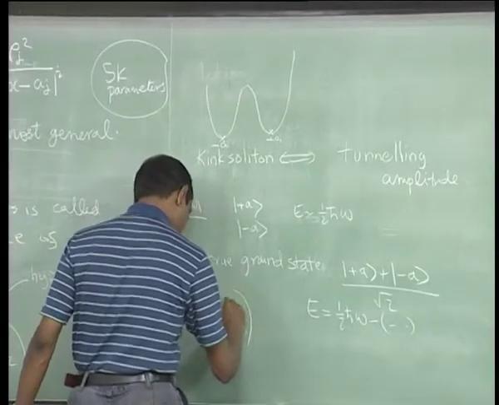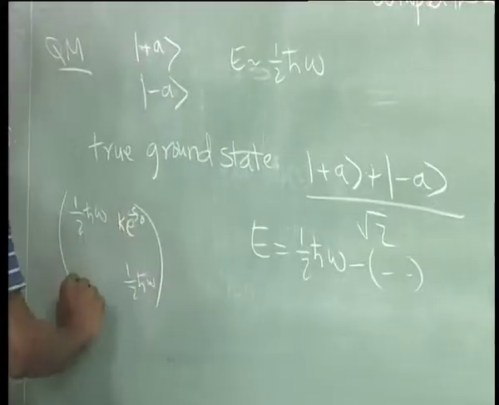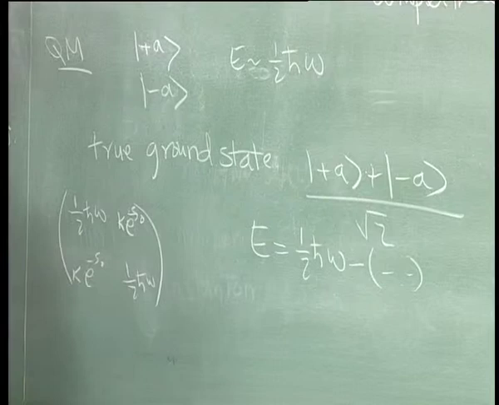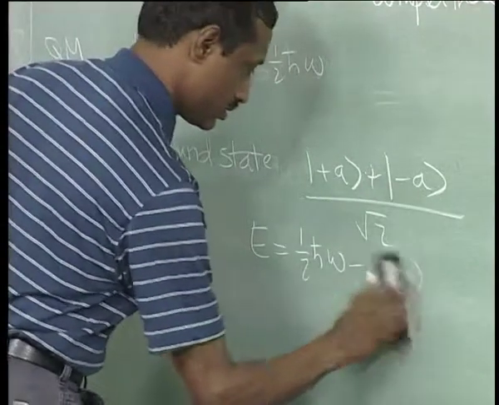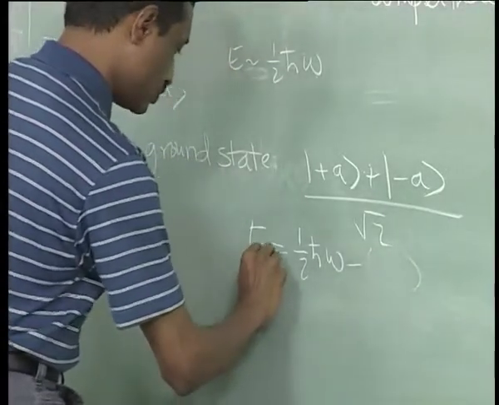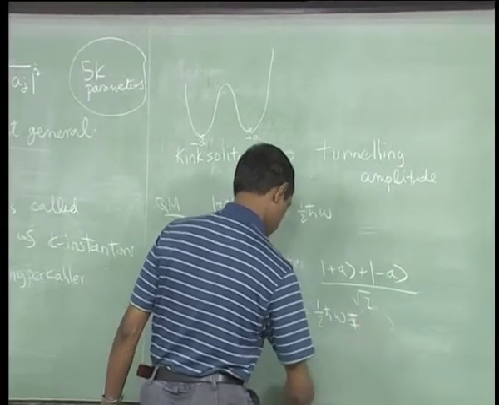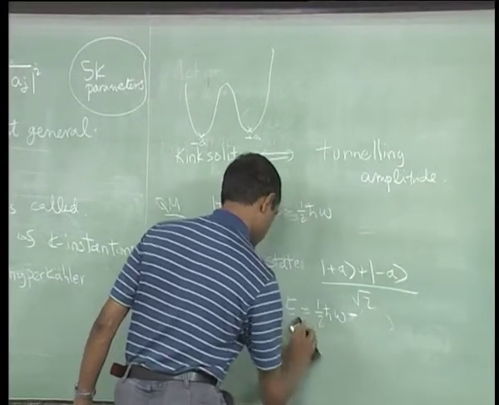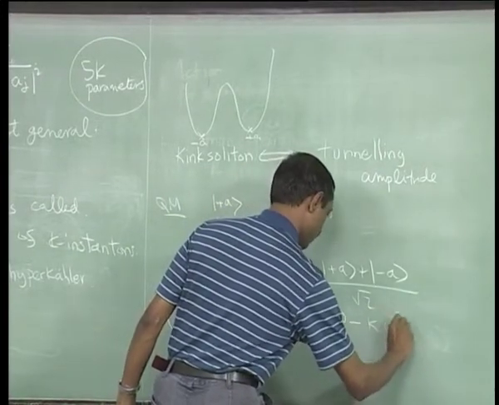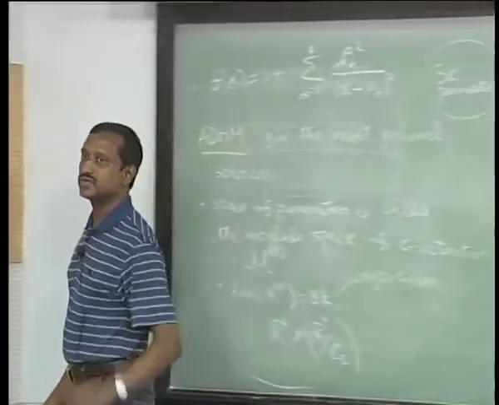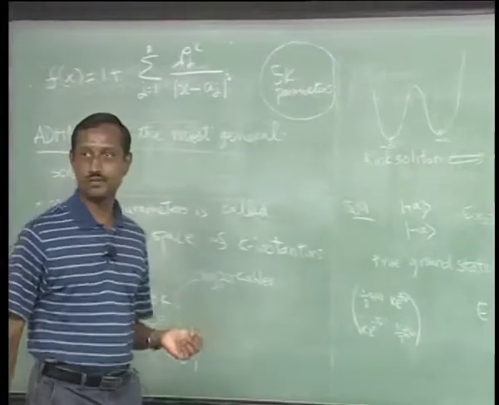It is typically of the form some constant times e power minus s naught, and the same constant for the other off diagonal term. So there will be 2 energies, E plus minus, and let us stick to the ground state: some constant times e power minus s naught, where s naught is the action evaluated for the kink soliton, for instance.